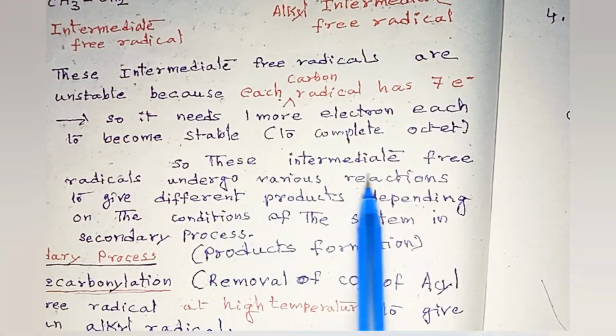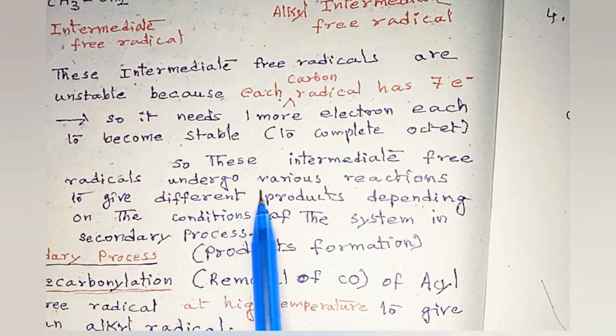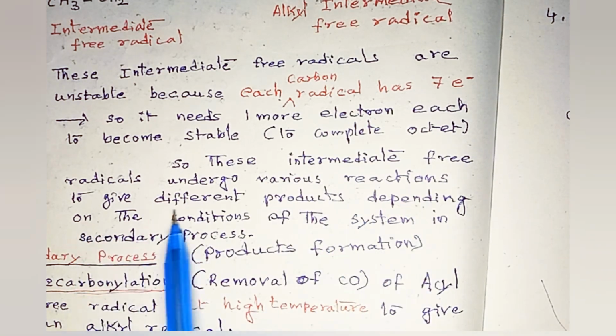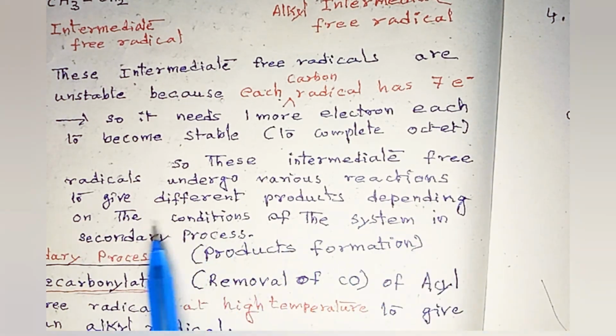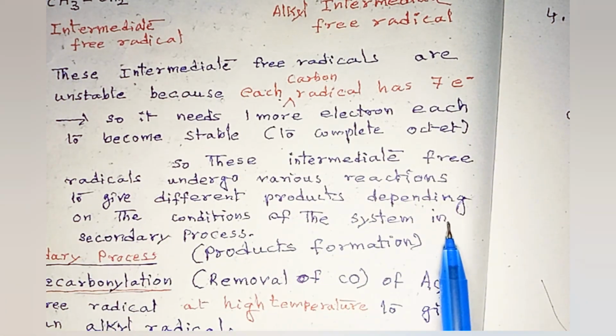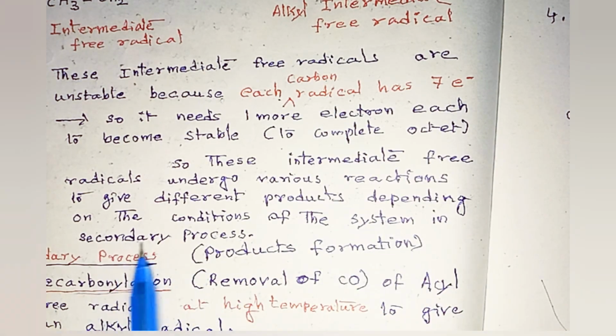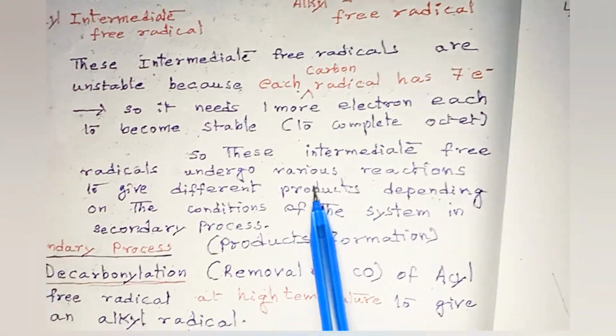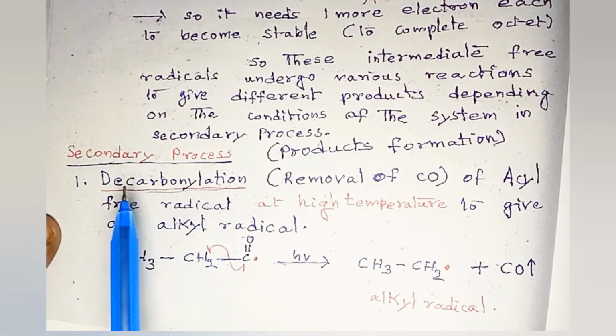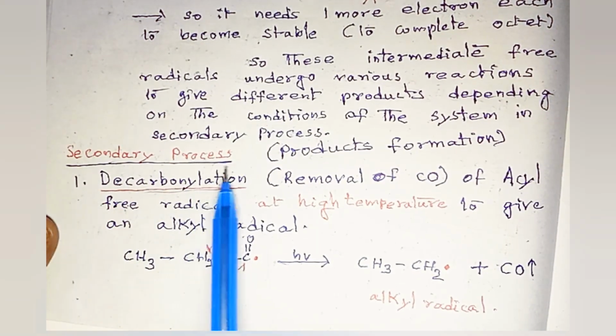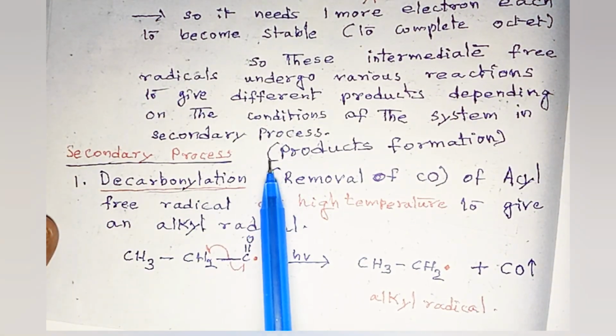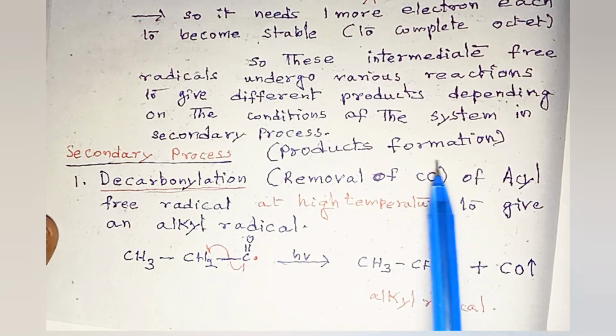So these intermediate free radicals undergo various reactions to give different products depending on the conditions of the system in the secondary process. Let us see the secondary process. Secondary process is the product formation process.